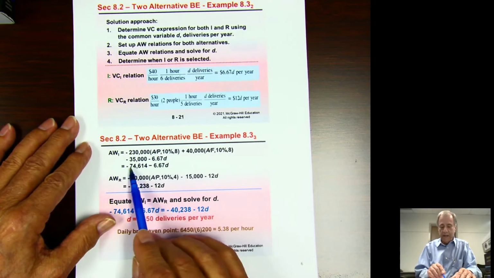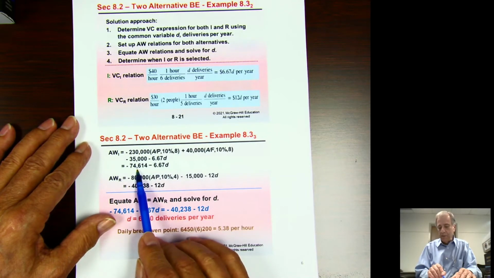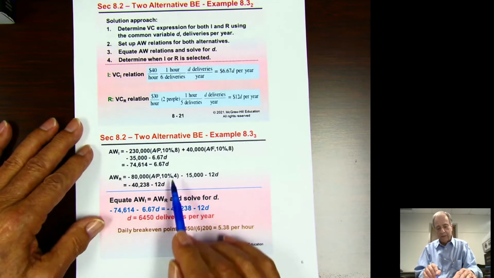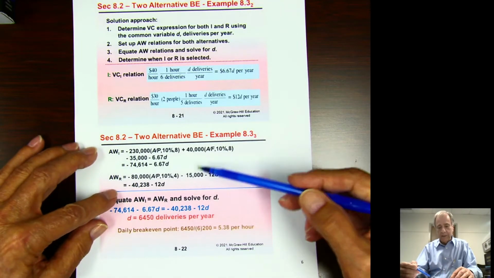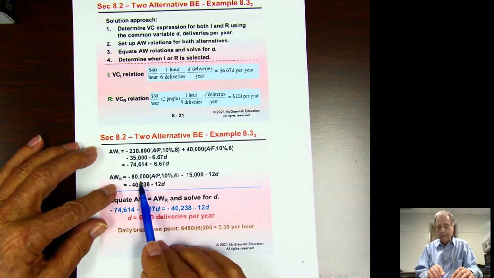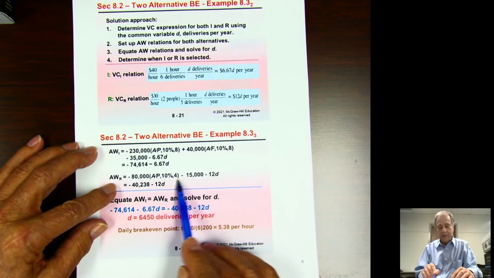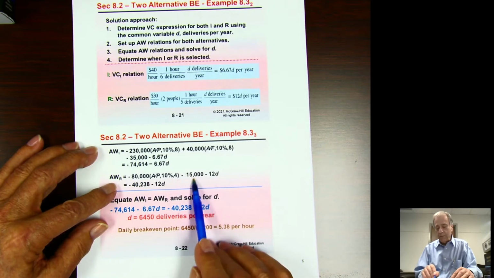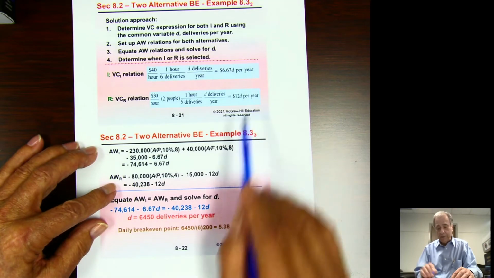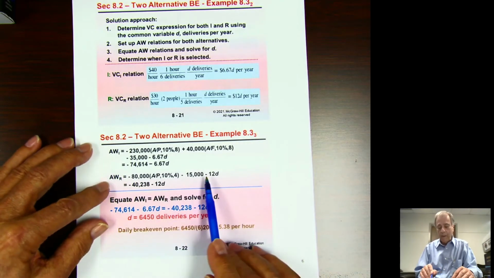You do all the math on that, and you get minus 74,614 minus 6.67D. If you do the same thing for the other alternative, it costs $80,000 but only lasts 4 years, has no salvage value, has operating costs of $15,000 a year, and then 12D was the variable cost there.